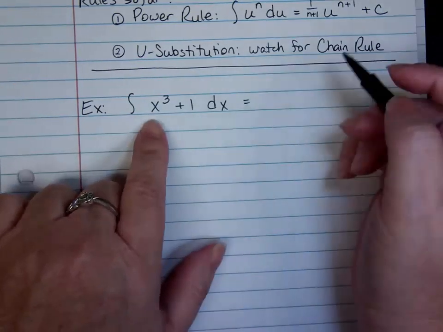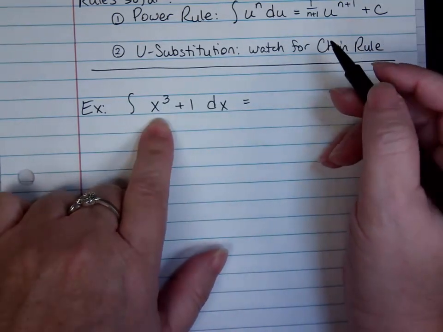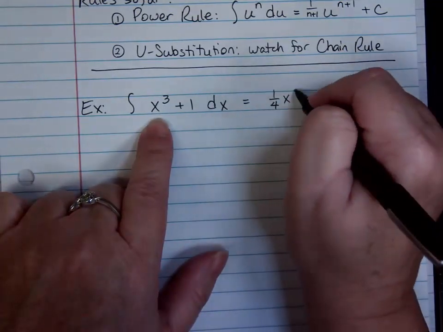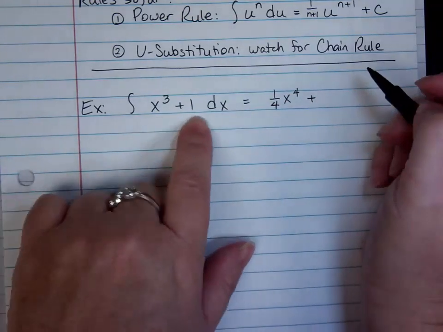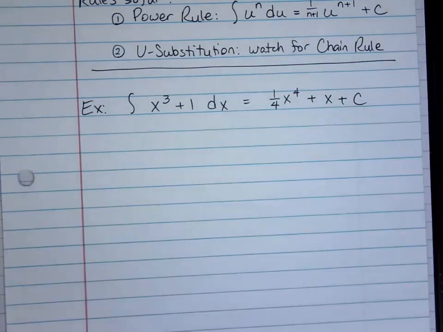So all you do is just take the antiderivative using the power rule for every term. What is x to the third going to become? 1/4 x to the fourth plus x plus c. That's it. We're done. Easy enough, right? Okay. Next example.